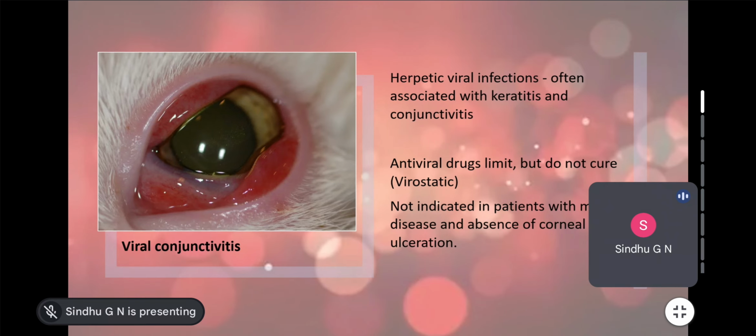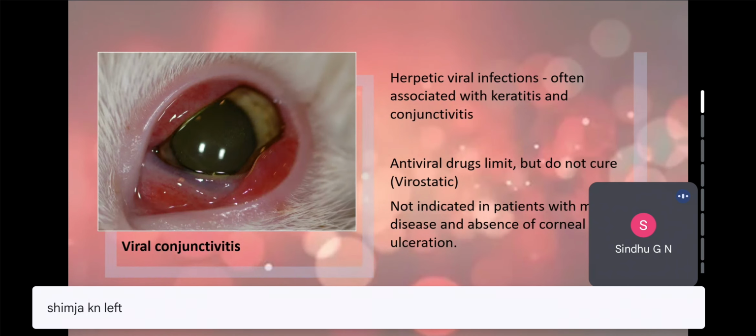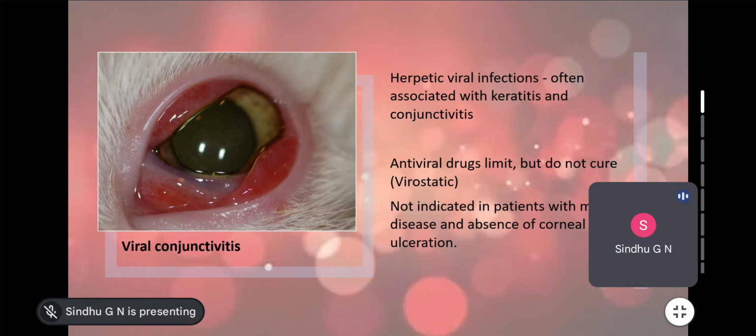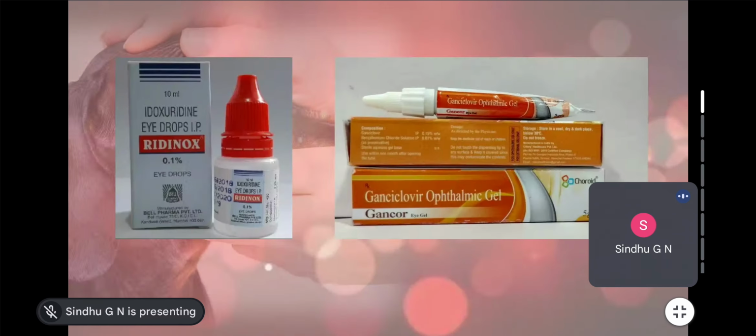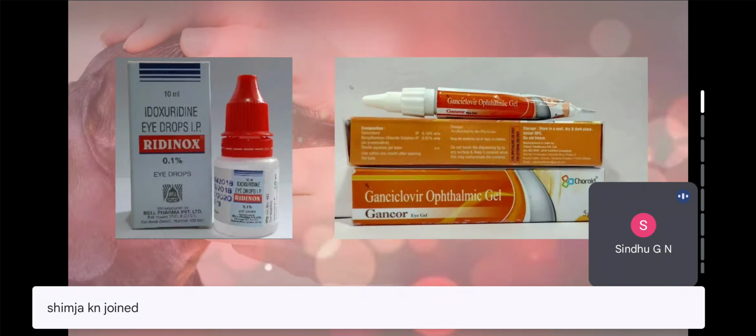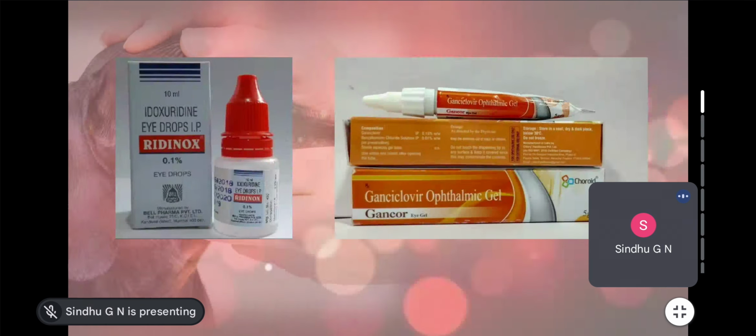So it is not indicated in patients with mild disease or when there is no corneal ulceration. The commonly used antiviral drugs are idoxuridine and ganciclovir. Twice a day to thrice a day application is required. They can cause severe corneal irritation, ocular irritation. So that is one limitation for this medication, both of them.